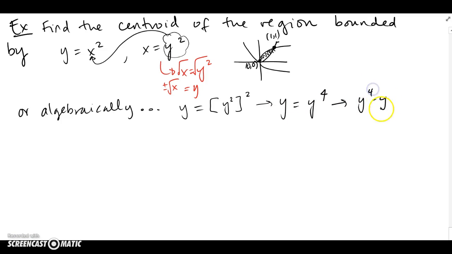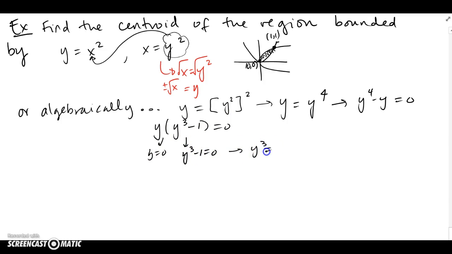And getting all the y's on one side will give us y cubed minus 1 equals 0. So y is 0, and y cubed minus 1 is 0 will give us y cubed is 1, which means y is 1. So our two intersection points: if y is 0 and I put it in here, I also get x equals 0. And if y is 1 and I put it in there, square the 1 and you get x equals 1.